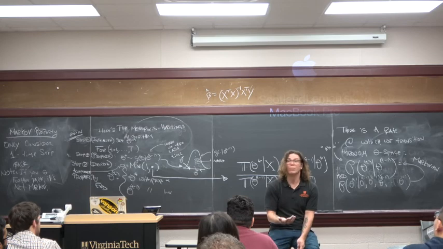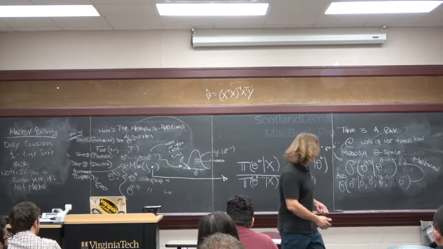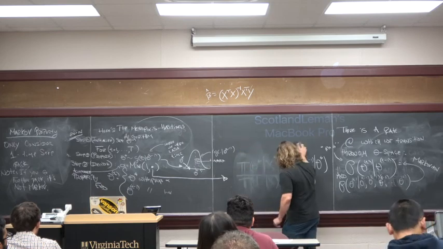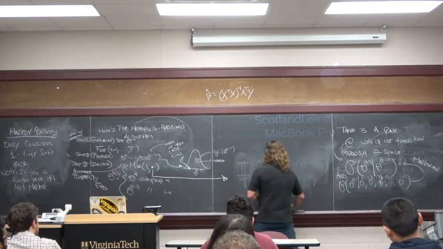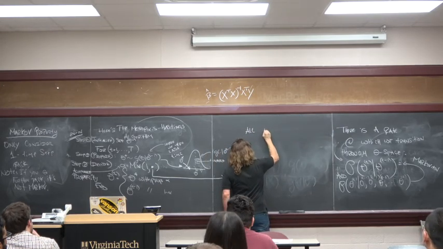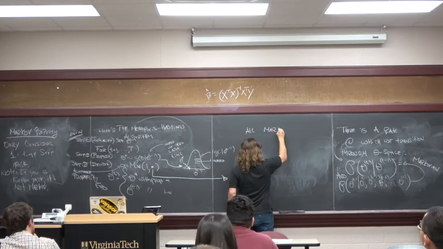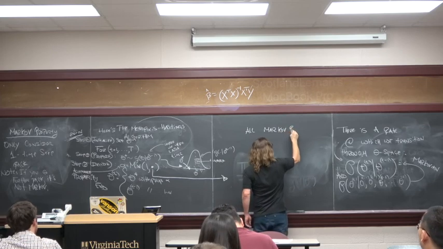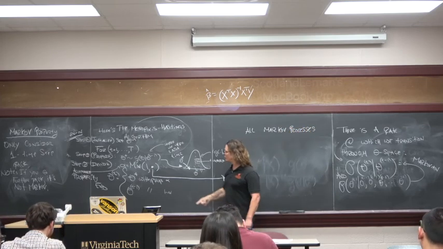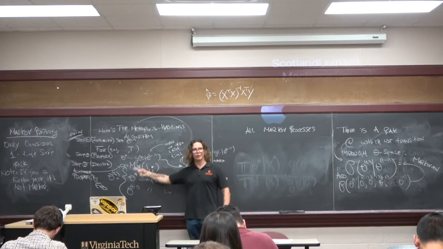I need to tell you a little bit about all those mathematical properties, but I'll just write this down. All Markov processes, and by a process I just mean going through the steps and generating it.